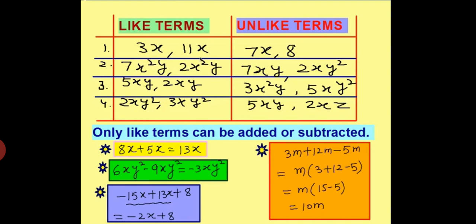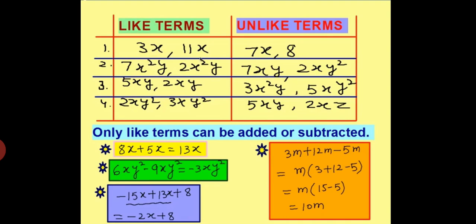Coming to example 2, 7x square y and 2x square y. Here the alphabetic letters x square y are in both the terms, so these are like terms, but 7xy and 2xy square are unlike terms. Coming to third example, 5xy and 2xy.